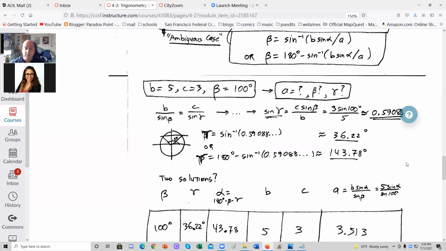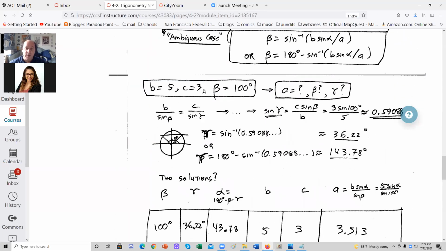So, for example, suppose that B is 5, C is 3, and beta is 100 degrees. What's A, what's gamma? All right. So we're given B and beta, an angle and its opposite side. We have side C. We need the opposite angle gamma. Here's the relation: B over sine beta equals C over sine gamma.